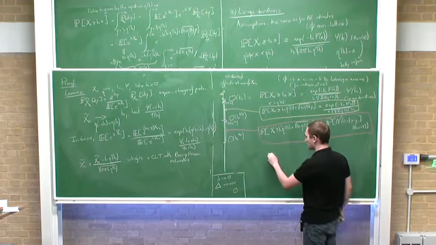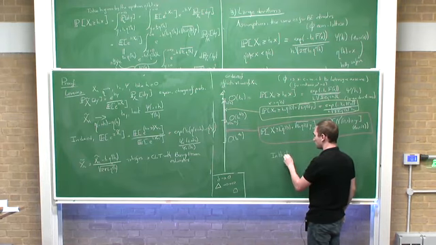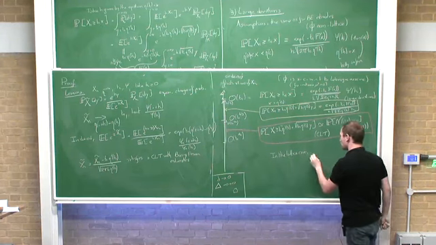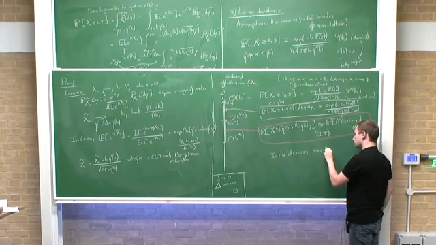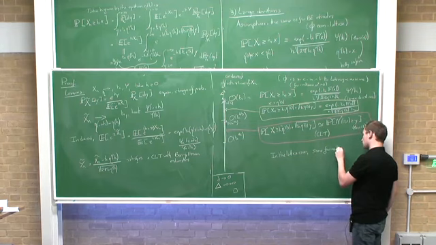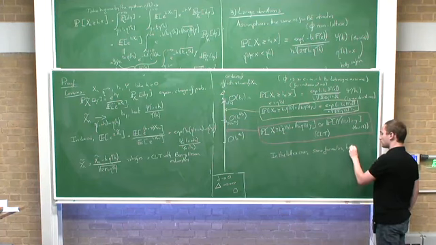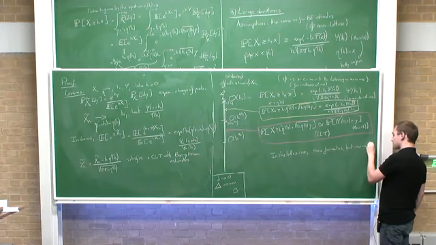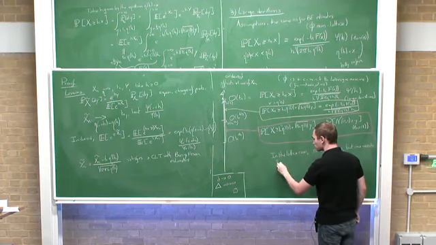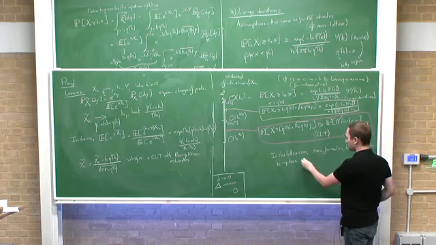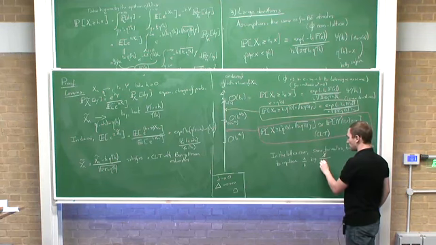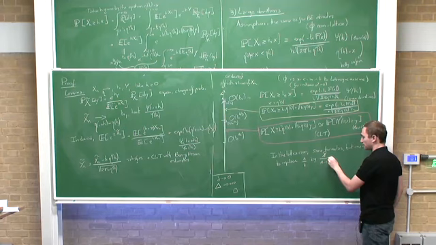So in the lattice case, same formulas, but one needs to replace this factor 1 over h here by 1 over 1 minus exponential minus h.